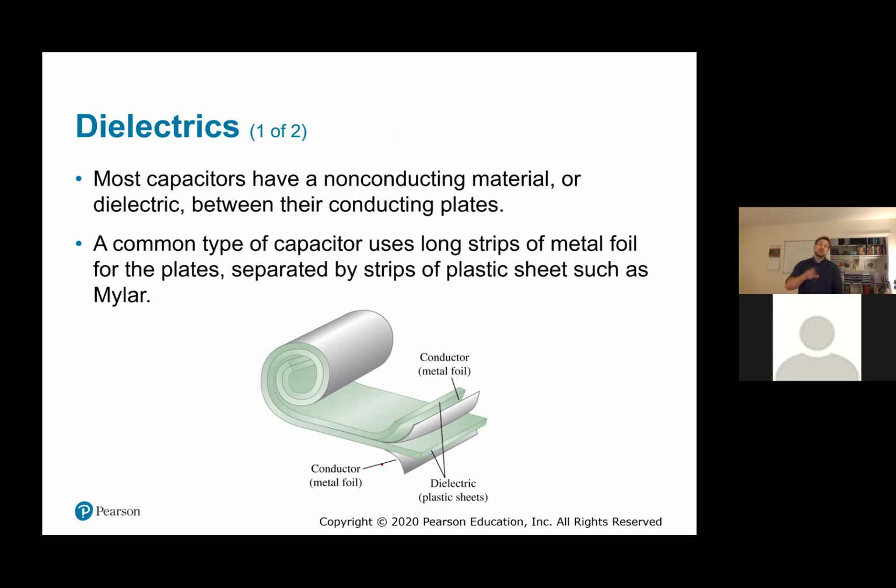Now, geometry isn't the only way we can affect the capacitance because, remember, the capacitance has to do not only with the plate area and separation, but the permittivity. Suppose we put a different substance between these two plates other than vacuum.